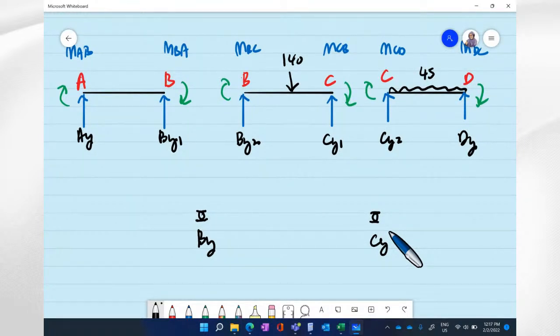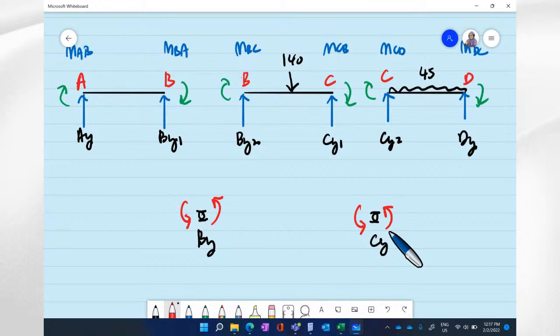So if at B for member AB, it is always opposite. It will be like this, opposite, clockwise, counterclockwise.